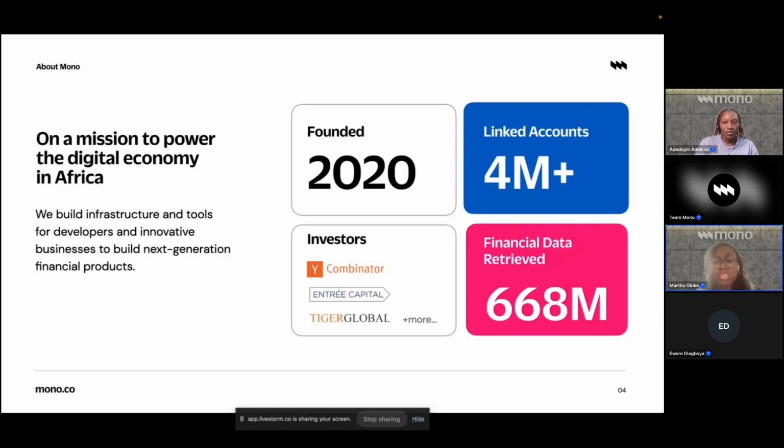Our investors include Y Combinator, Entry Capital, Tiger Global, and more. To date, we have retrieved 668 million financial data records, and this data can cut across things like the user's name, phone number, and details like that.